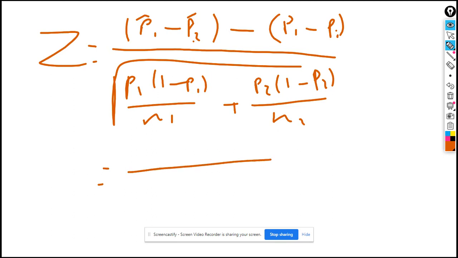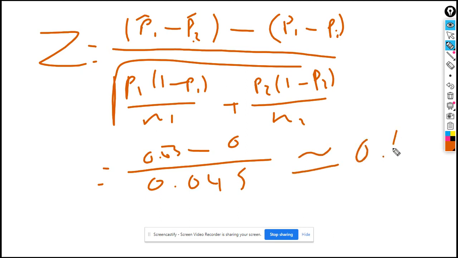So 0.03 minus 0, as it is said in the question that the difference is 3%, and divided by 0.045, so approximately 0.666. How to find it using the calculator?